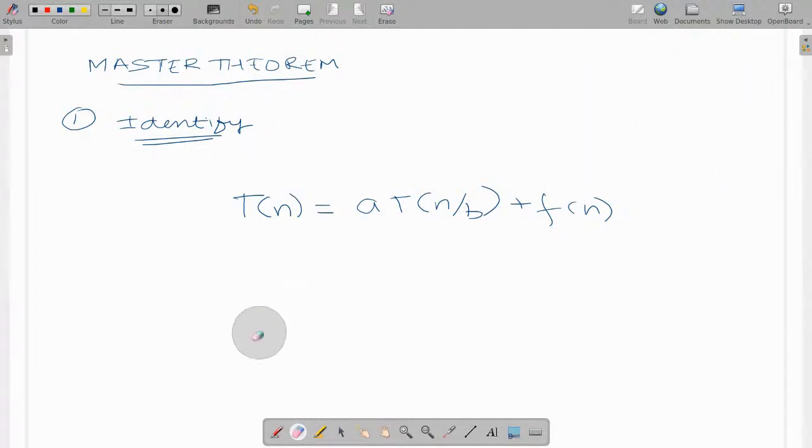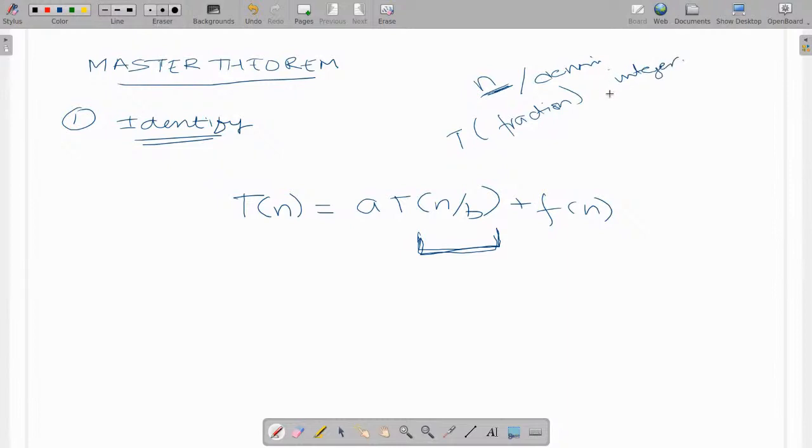There are some criteria involved here. As I was discussing yesterday, the inner T function will always be a fraction, with the input size as the numerator and the denominator some integer.